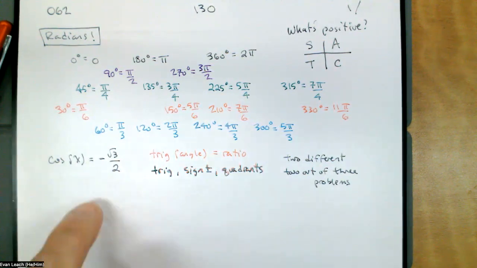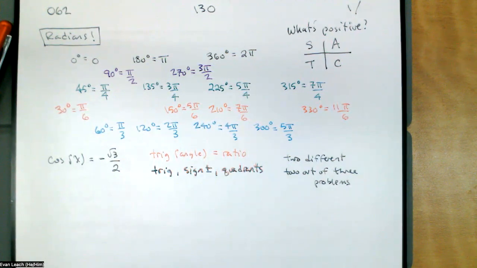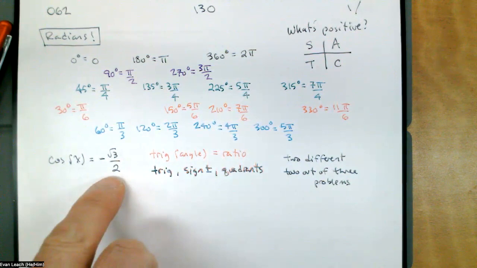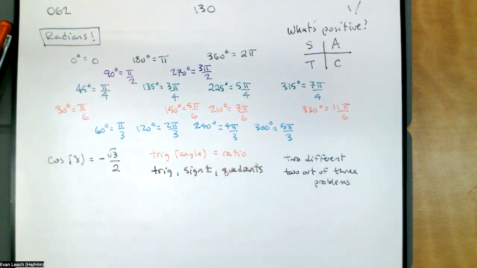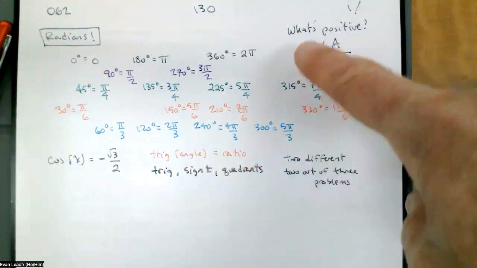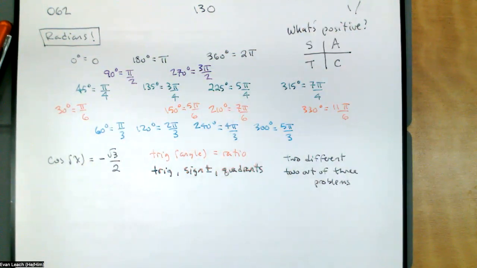But if we want to think in terms of opposite, adjacent, hypotenuse in the context of the unit circle, then the 2 is the hypotenuse. That'll be always positive. It'll be like x or y in the case of cosine, x over the radius, and the radius should always be positive. And then negative means our x is in the second or third quadrant.